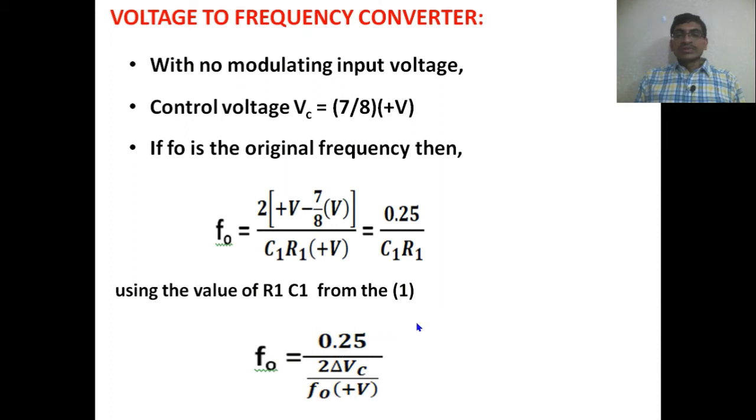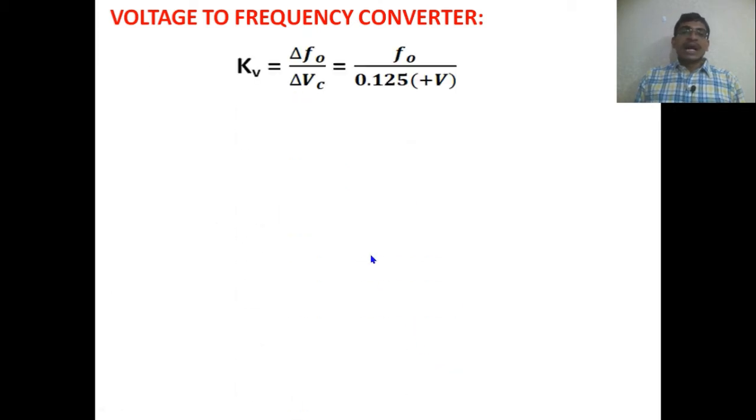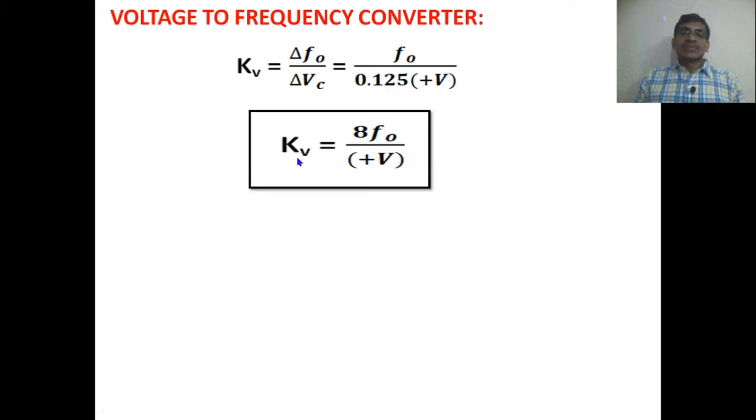F naught is equal to 0.25 divided by C1 R1, and C1 R1 can be written as 2 delta Vc by F naught plus V. The kV, which is delta F naught by delta Vc, which is our intention to get, is equal to F naught by 0.125 plus V. Therefore kV is equal to 8 F naught divided by plus V, where V is the supply voltage of the IC and F naught is the free running frequency.